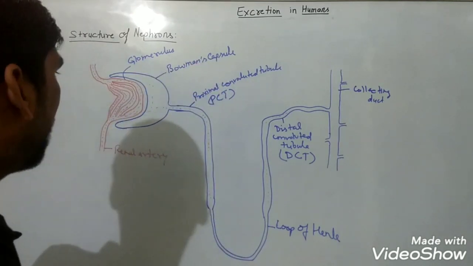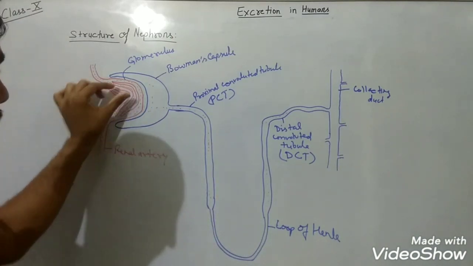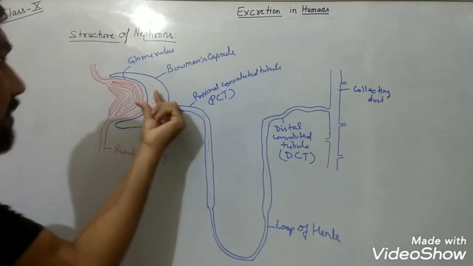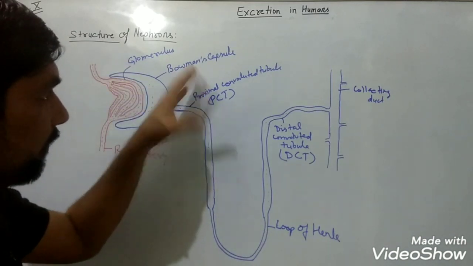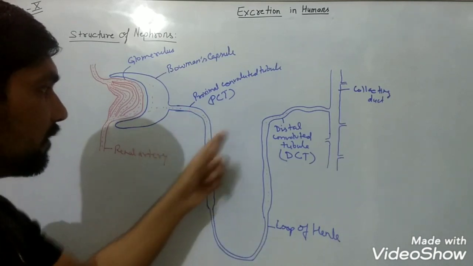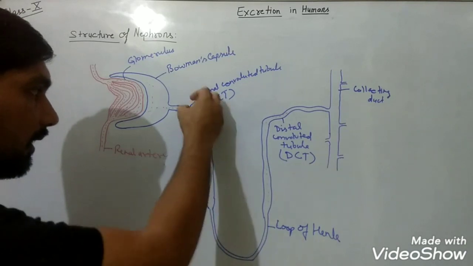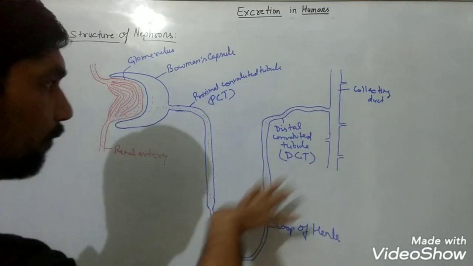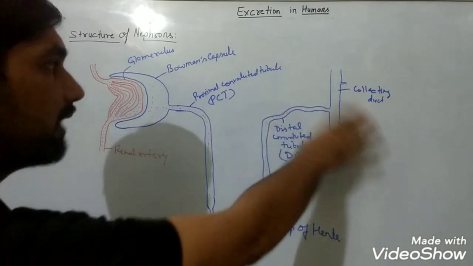Malpighian tubules. So when the blood passes through the renal artery, it transfers or filters the substances in the Bowman's capsule. These substances move into the proximal convoluted tubule, and these tubules are very coiled with capillaries again. So the useful substances will be reabsorbed again into the blood, and only the waste substances, that is urea or uric acid, will be transferred here.